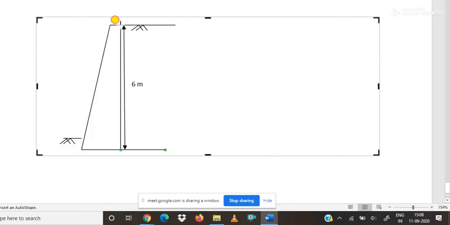At the top this is 0, and at the bottom this is 36.